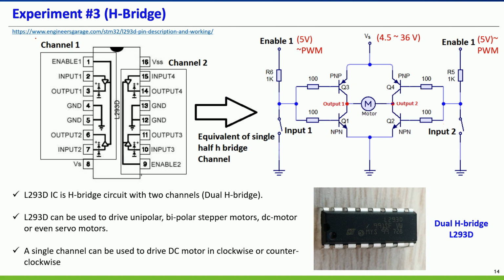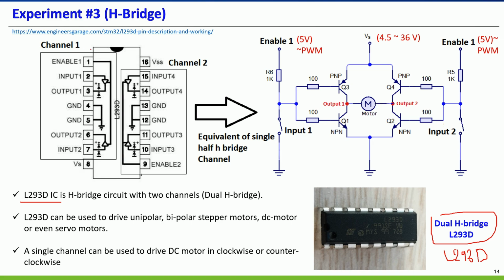In your module there is a dual H-bridge. We call it this kind of chip we use in your module. This one is L293D.